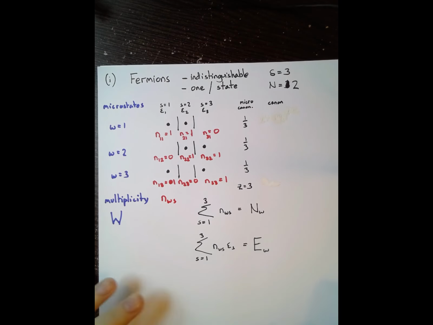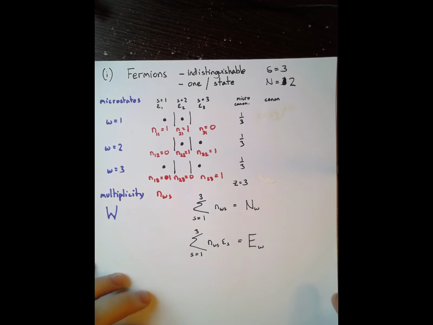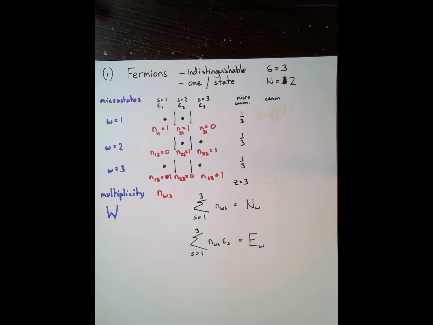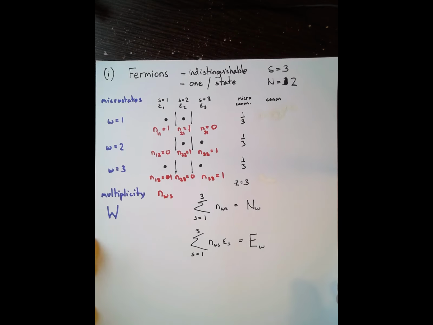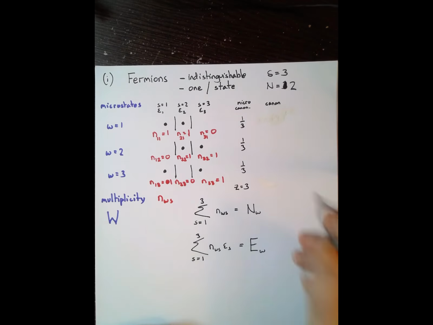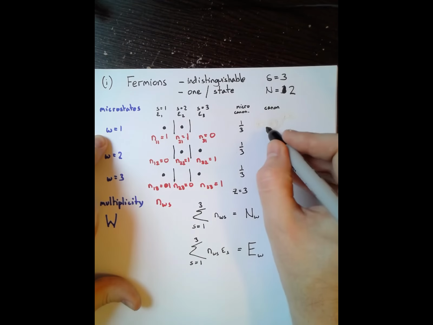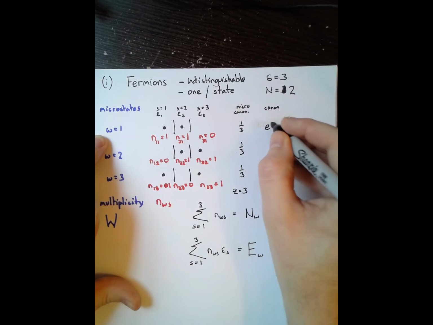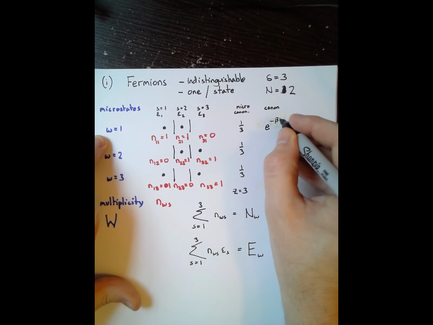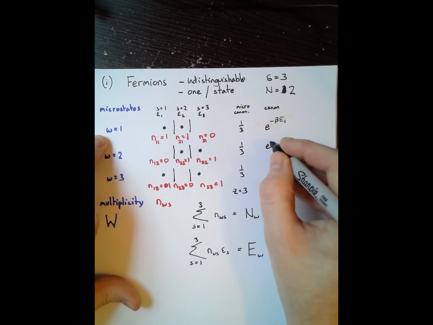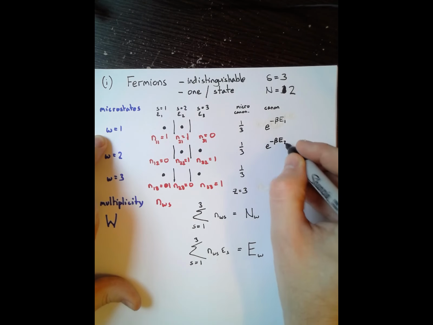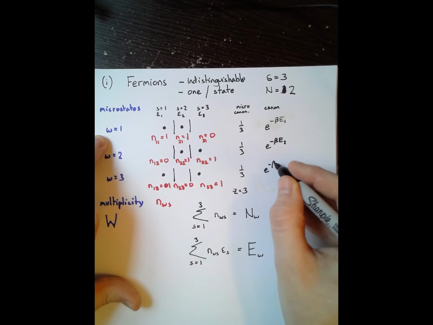For the canonical ensemble, when we have a system where energy is allowed to enter or leave, but the particle number is conserved, then the probability for each microstate is proportional to the Boltzmann factor for that microstate. So it'll be e to the minus beta E1, e to the minus beta E2, e to the minus beta E3.